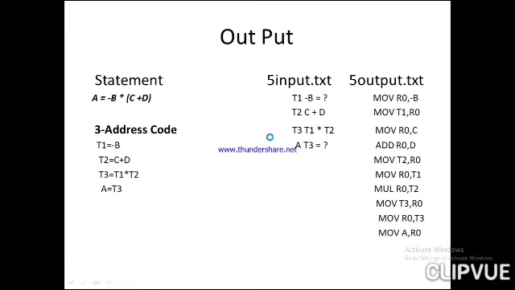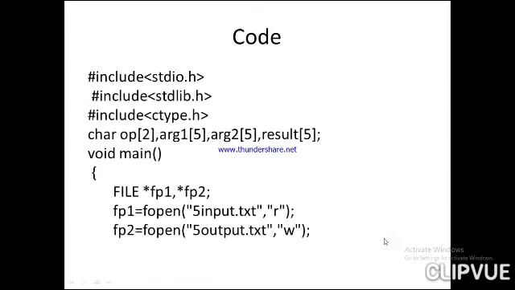Because I am writing the code for any expression, not only for this particular expression. The program is very simple. What we are doing here is considering that particular expression, and this machine code will be generated by considering those printf statements. That's it. So this is your main function.